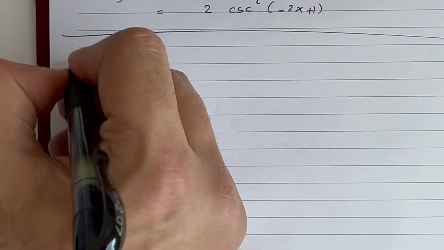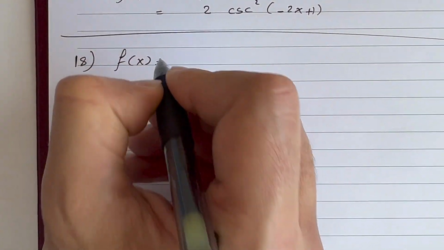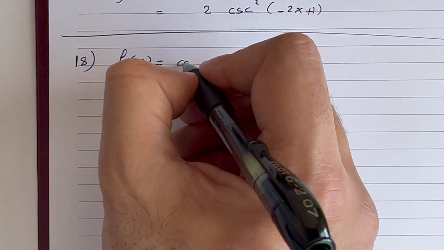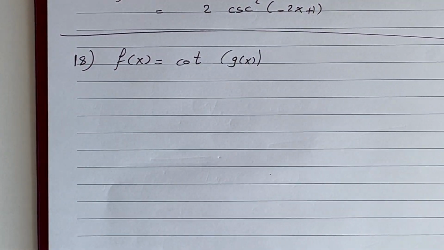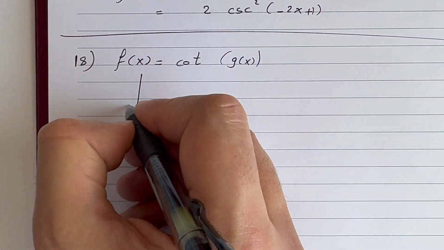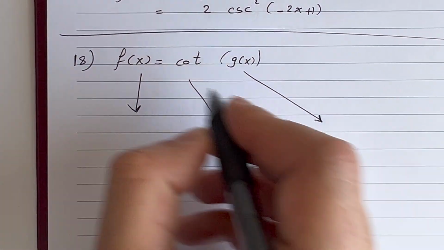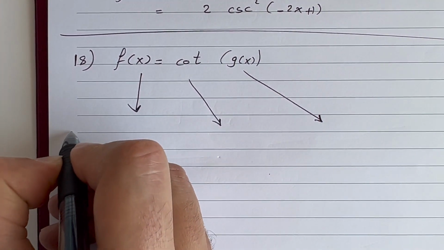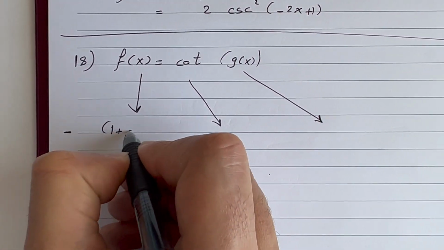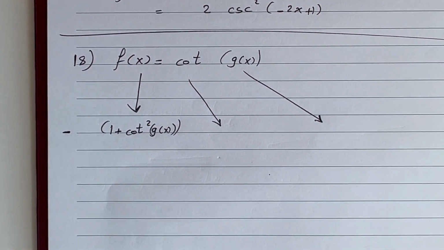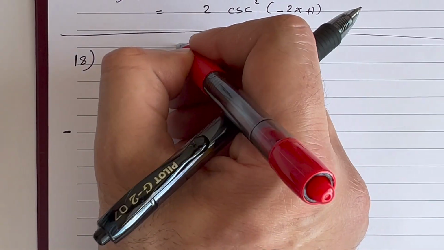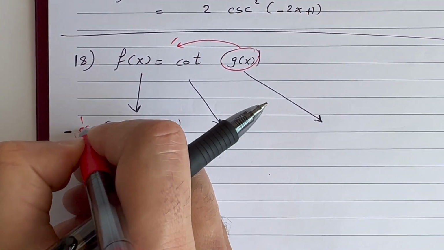Rule number 18. What if I have the derivative of cotan of a function, which I call a cocktail? Same thing. There are three styles. Cotan starts with c, so the derivative is negative (1 plus cotan squared j(x)). But don't forget to multiply by the derivative of this angle, j', and put it outside, j'(x).